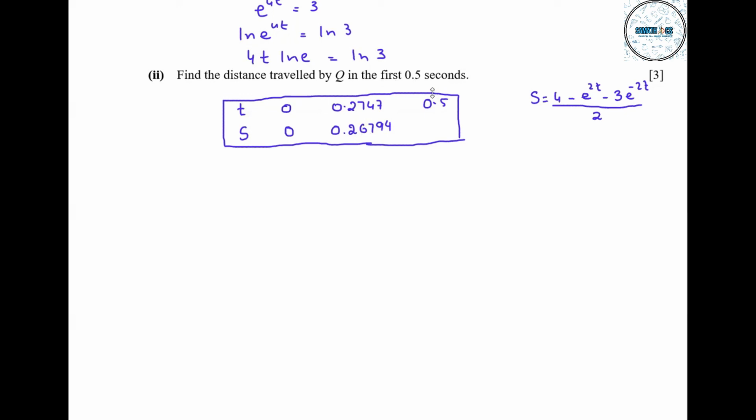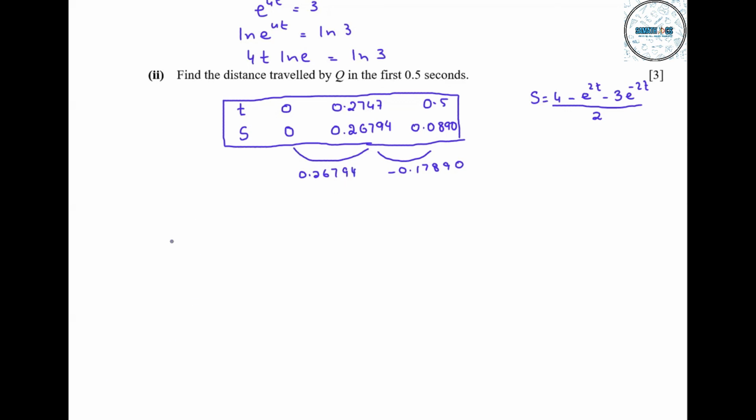Then when we substitute 0.5 in this, we will be getting 0.0890. So then we will take out the difference from here till here, which will be minus 0.17890. The difference from here till here is 0.26794.